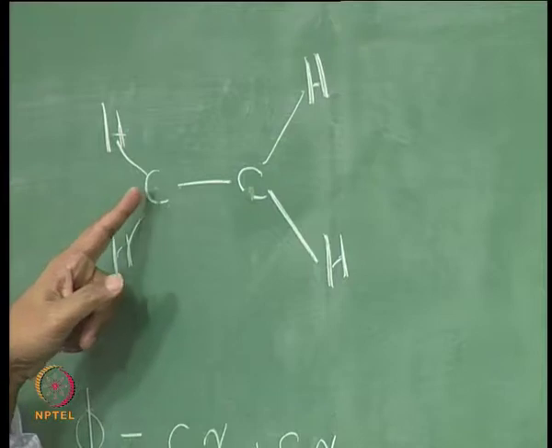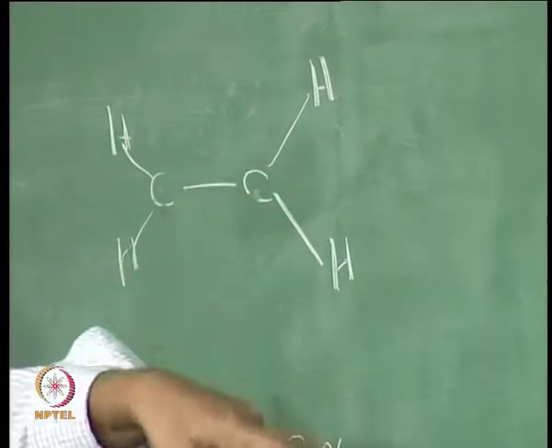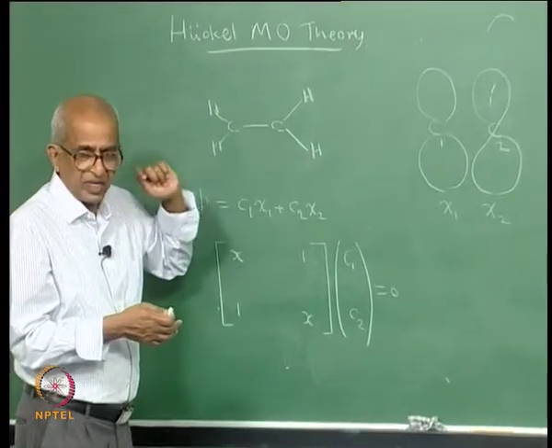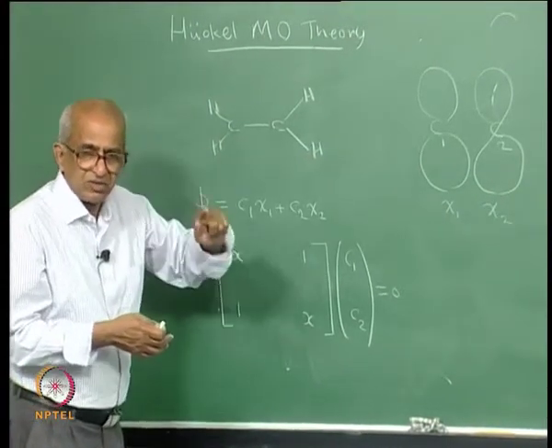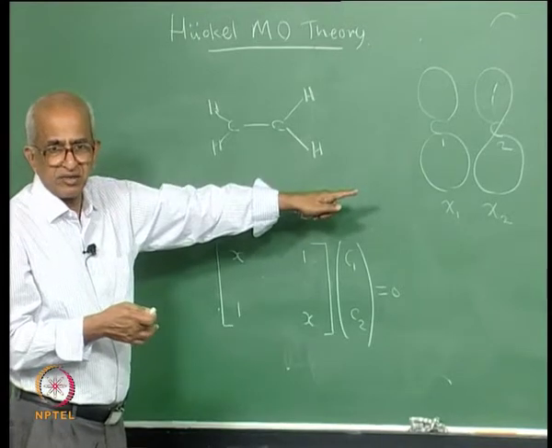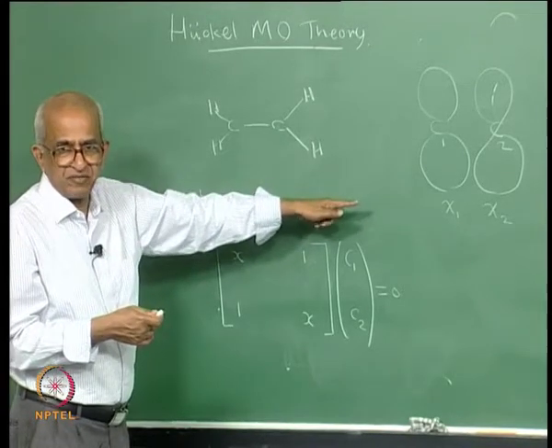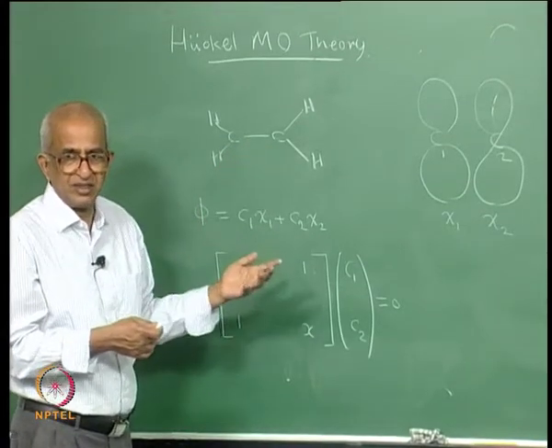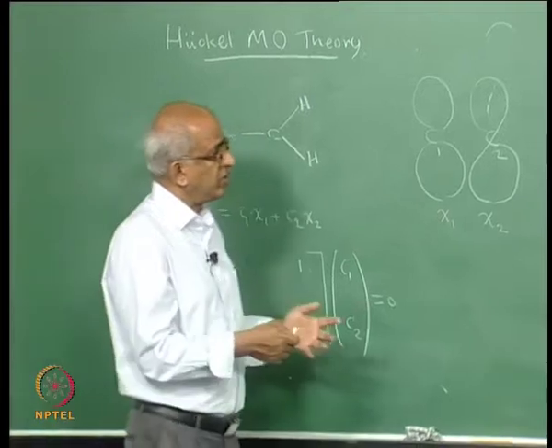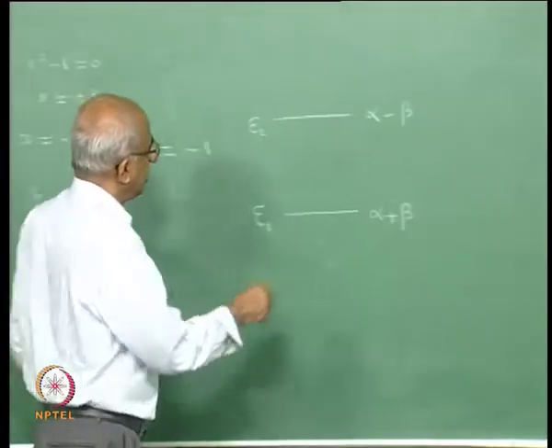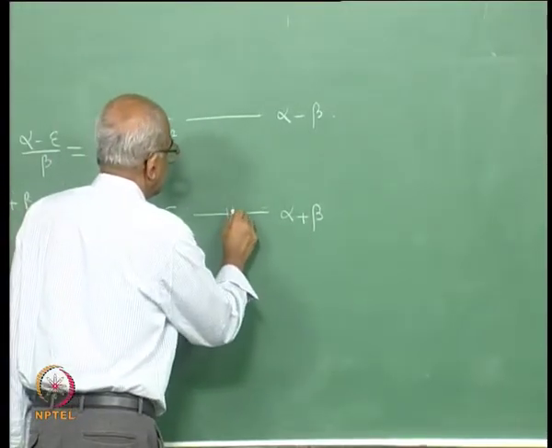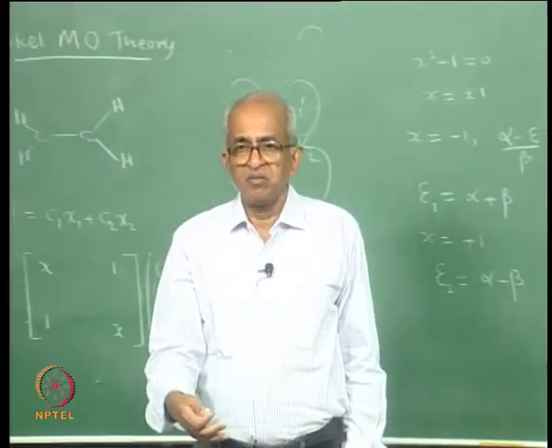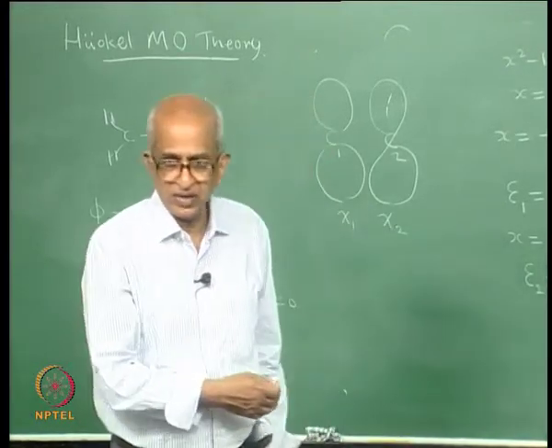So, each carbon has an unhybridized p orbital, and the carbon also contributes 1 electron to the pi system. Therefore, the number of pi electrons that I have to consider in the case of ethylene or ethene is 2. And so, if we had 2 molecular orbitals, these 2 electrons will sit in the lowest, what I expect is the bonding molecular orbital, fine.